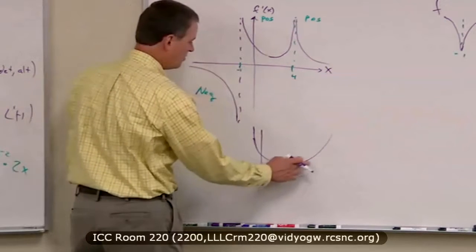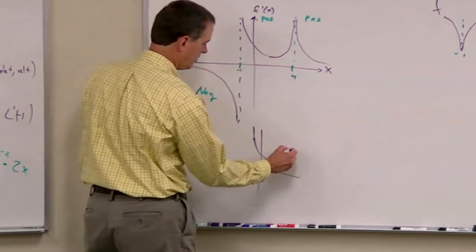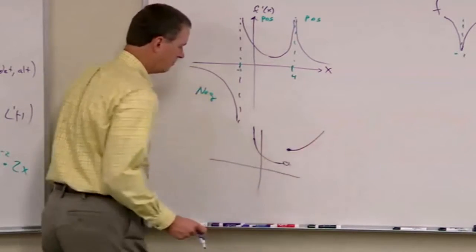Maybe instead of a hole, maybe there's a jump. There can be a jump. Why can't there be a jump? Because you found the derivative. Oh, wait, no, the original derivative doesn't exist at that point. Okay. That's deep.